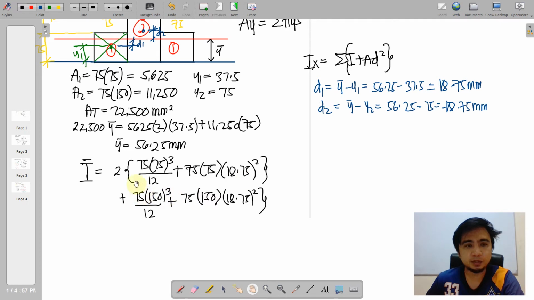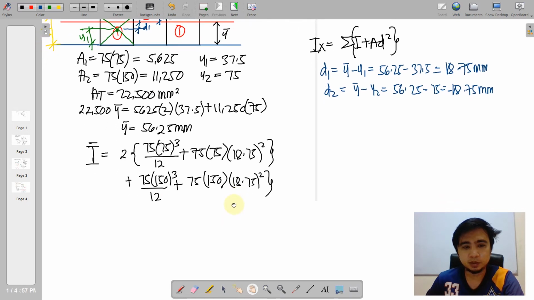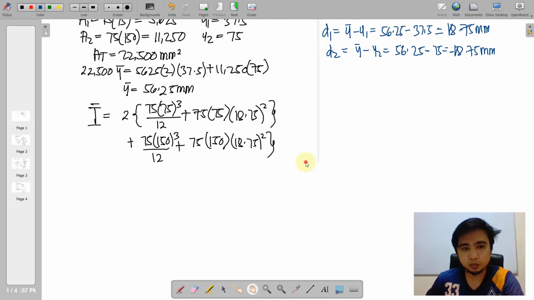We add also the larger I: 75 by 150 cubed over 12 plus the area times the transfer distance 18.75. So we will yield 34.28 times 10 raised to 6 millimeters raised to 4.